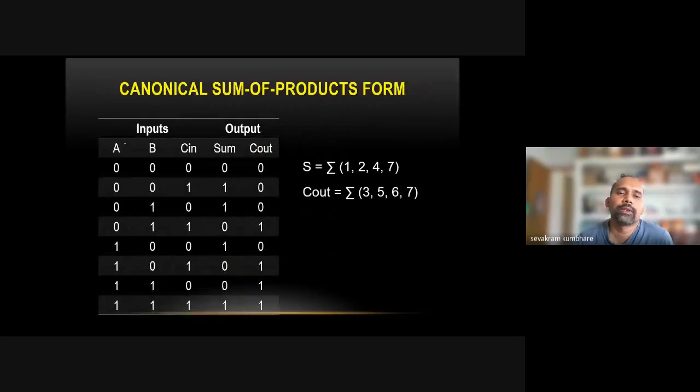So this is nothing but the truth table of full adder. In full adder, we have two bits A and B, to which we add the carry input, the previous carry, whatever is present. So we can have 8 different combinations because we have 3 different variables. Obviously 2 raised to power 3 is 8.